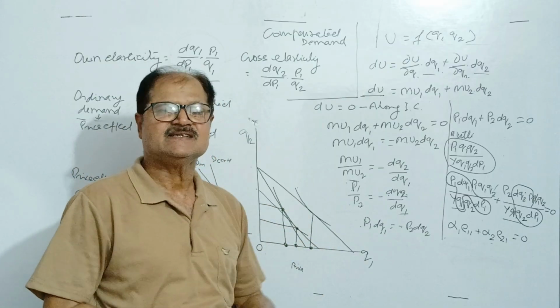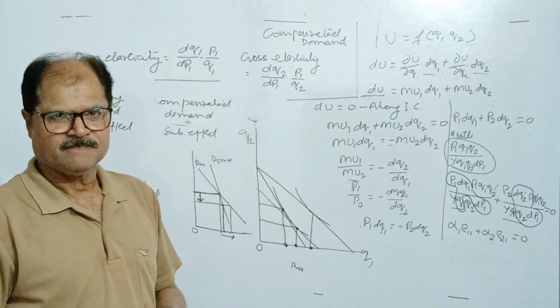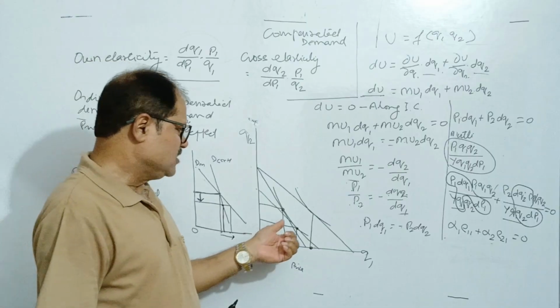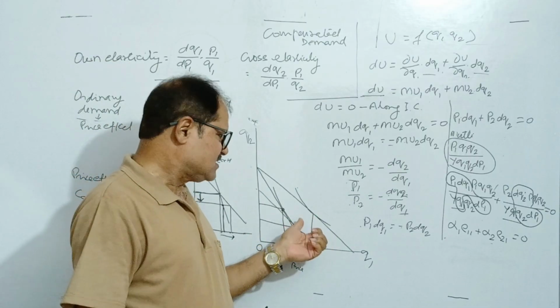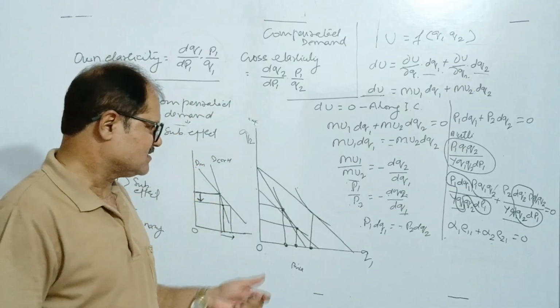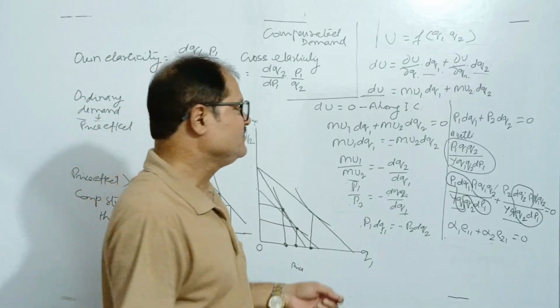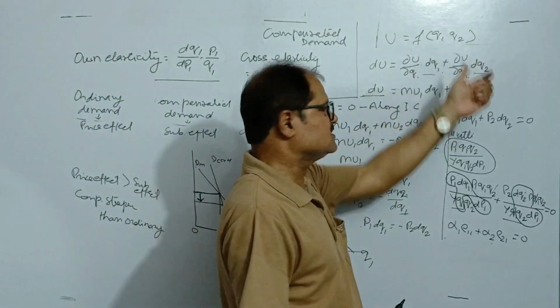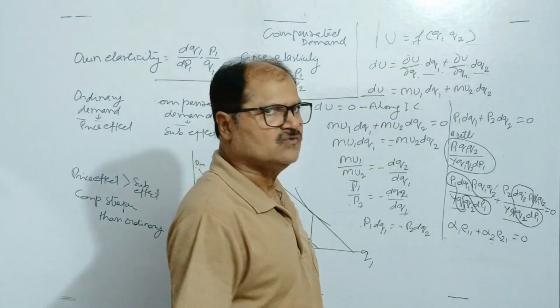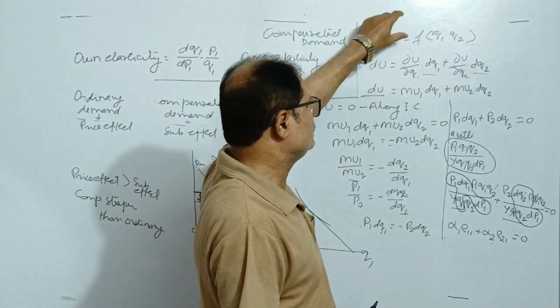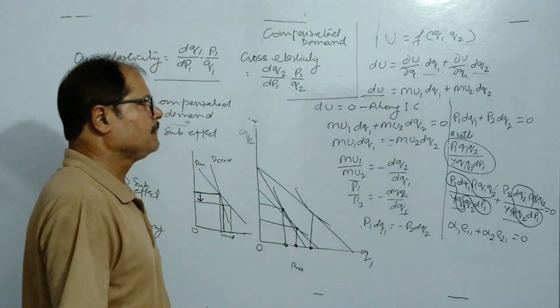There is no change in level of utility. Utility is constant. To get this relationship mathematically, we use this utility function. This is the utility function, in which Q1 and Q2 are two goods, and u is the level of utility.